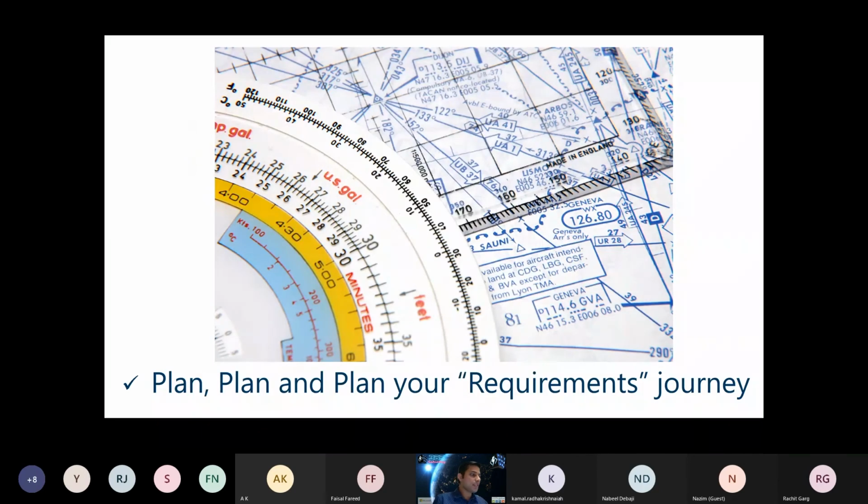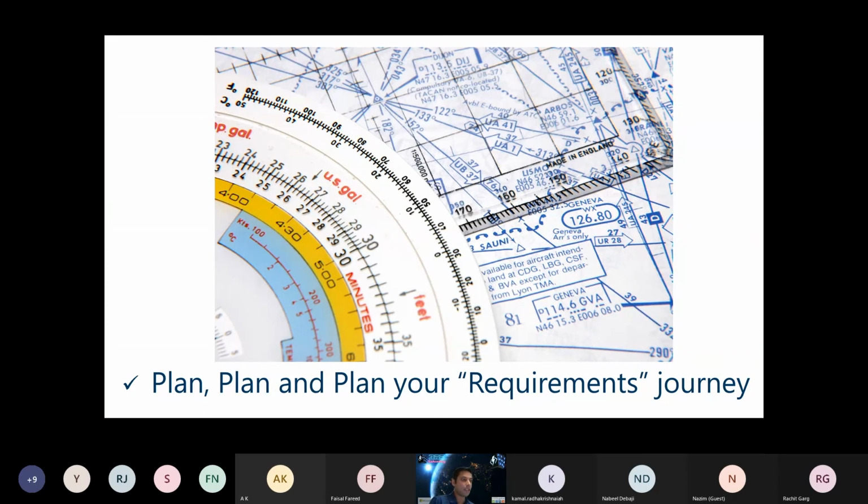So this one's a really simple yet commonly seen mistake. Plan your requirements gathering and analysis phase thoroughly before you embark on this most important, and often the most expensive, phase of ERP or CRM implementation. So you need to plan scheduling. You need to plan having detailed agendas.